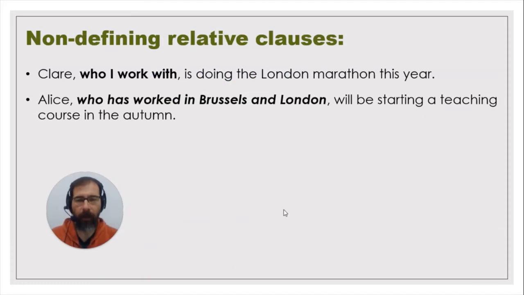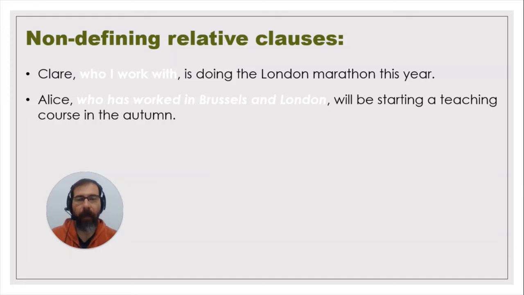Let's take a look at these two sentences now. Claire, who I work with, is doing the London Marathon this year. Alice, who has worked in Brussels and London, will be starting a teaching course in the autumn. These two sentences give complete information and we can understand them. But what if we remove the words in bold?